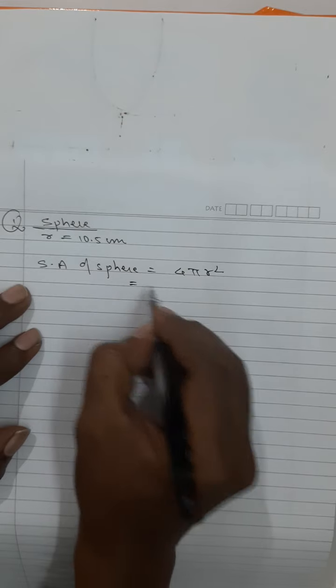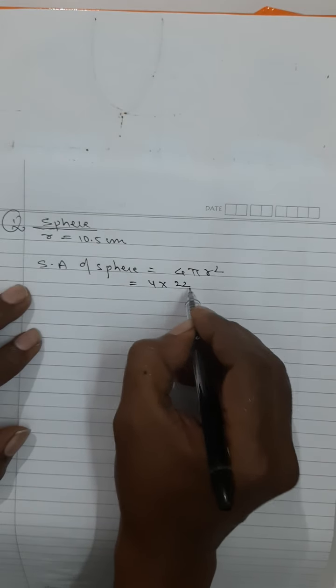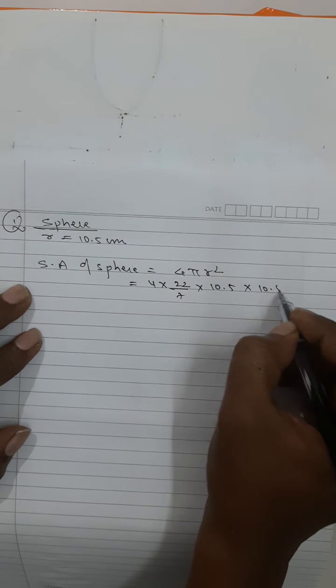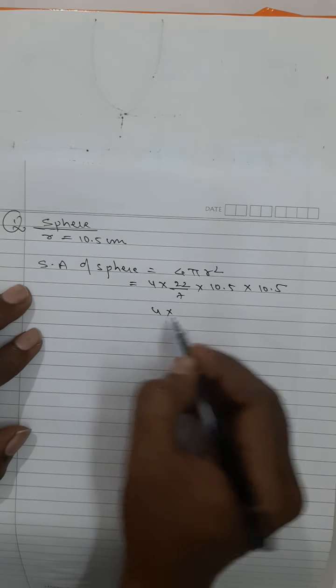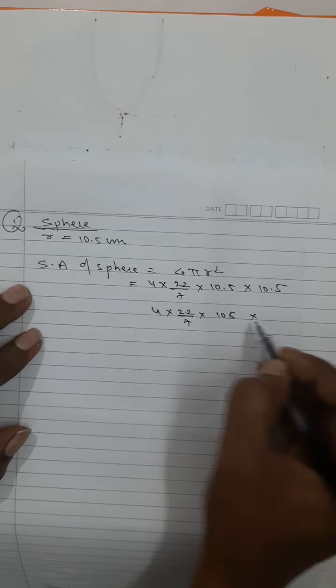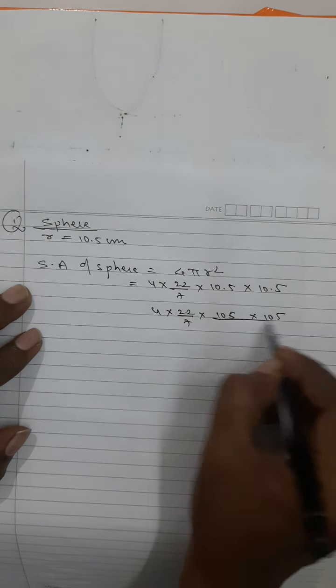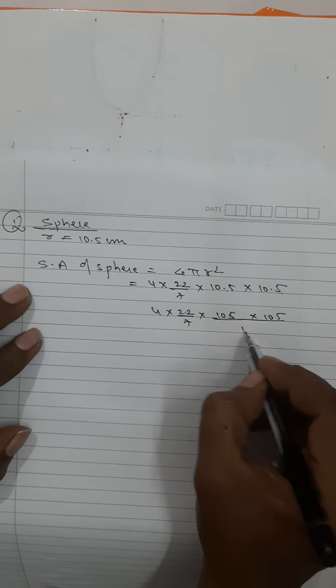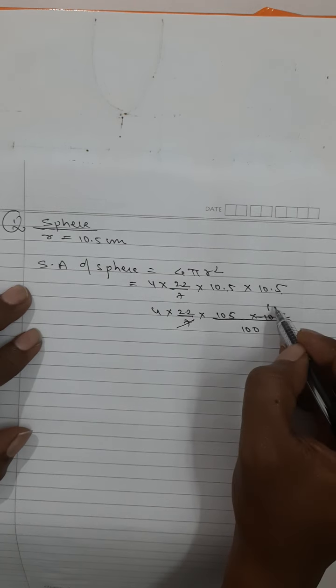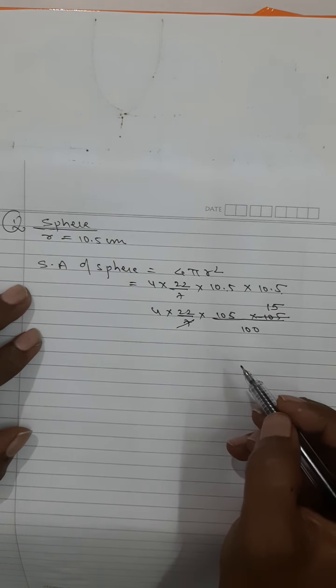Pi is going to be 22 upon 7, 4 into 22 upon 7 into 10.5 into 10.5. We can actually do the same thing, 22 upon 7 into 105 into 105. To remove the decimal, one total, two decimal places, two zeros over here. 7 1s are 7, 8, 9, 10, 7 5s are 35.